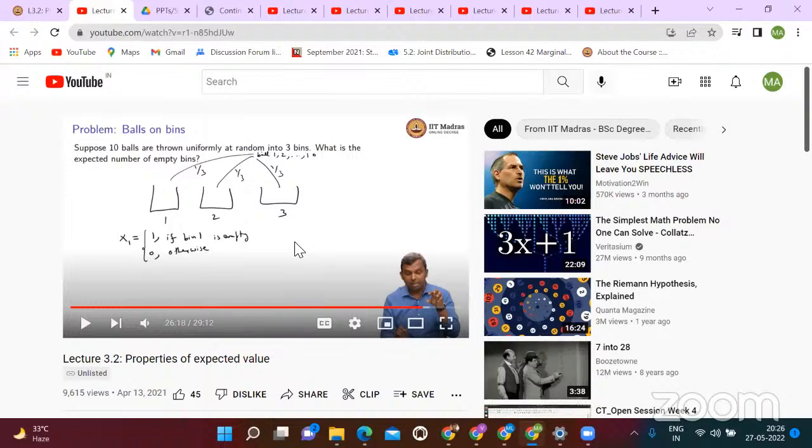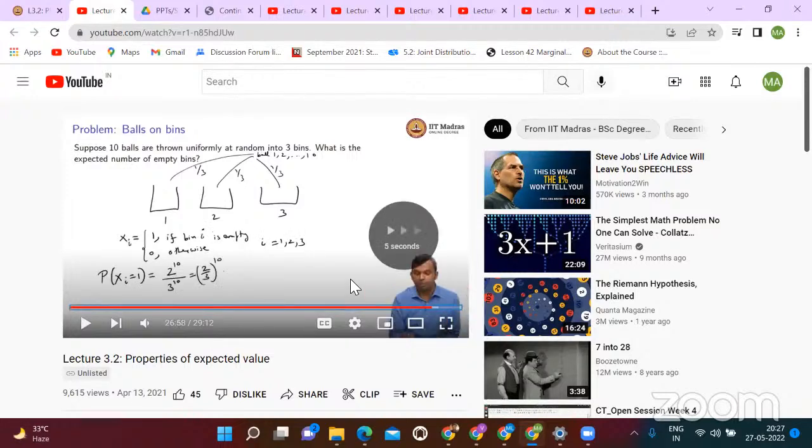See, if you go through the probability approach, it is going to pain you, right? So the sir has gone through the indicator method where he has defined xi equals 1 means the i-th bin is empty. For example, x1 equals 1 means the first bin is empty.